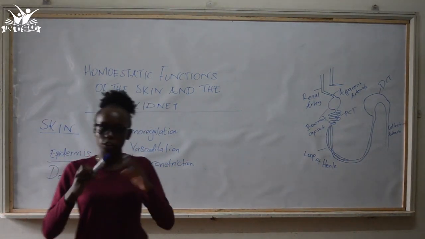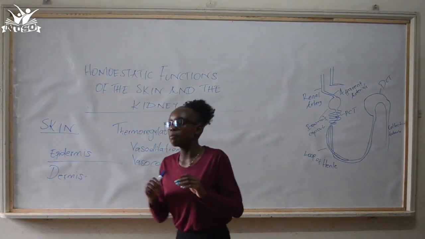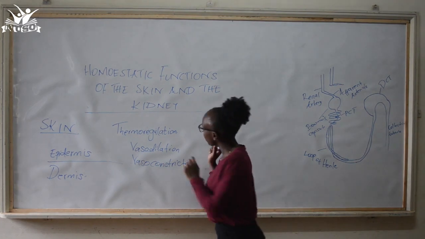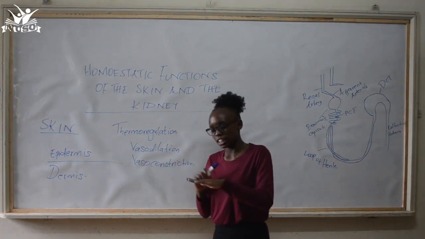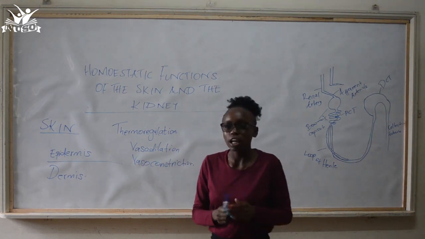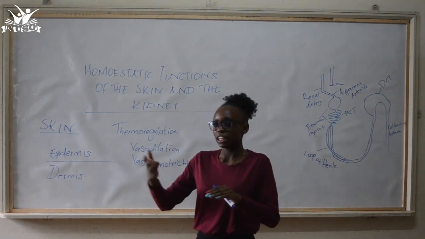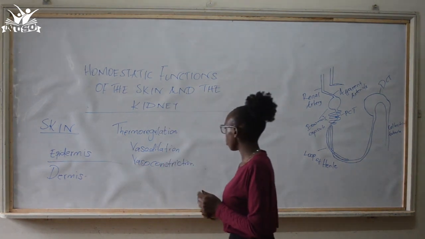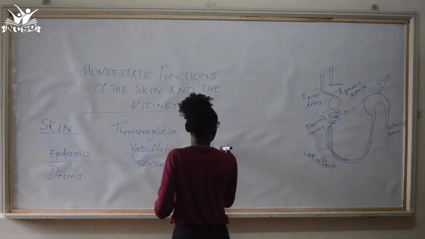When the weather is hot, the erector pili muscles relax, and then the hair follicle lies flat on the skin. The blood vessels come up toward the surface so as to release heat to the environment because the weather is hot.